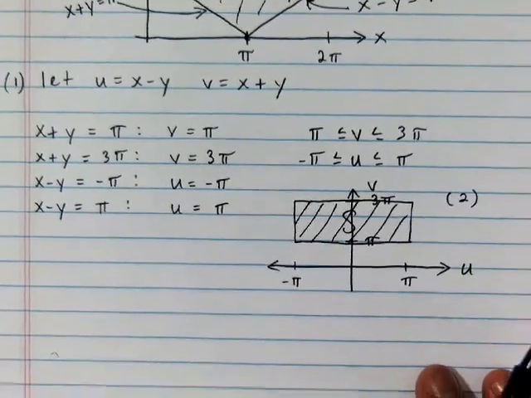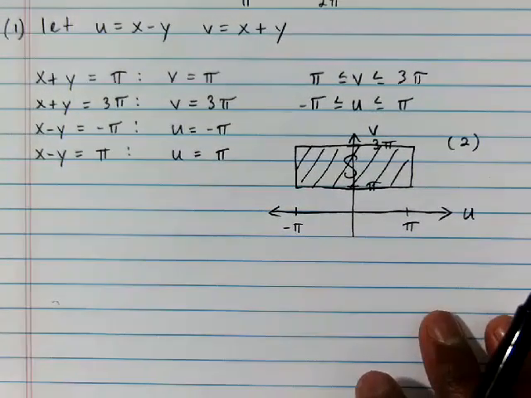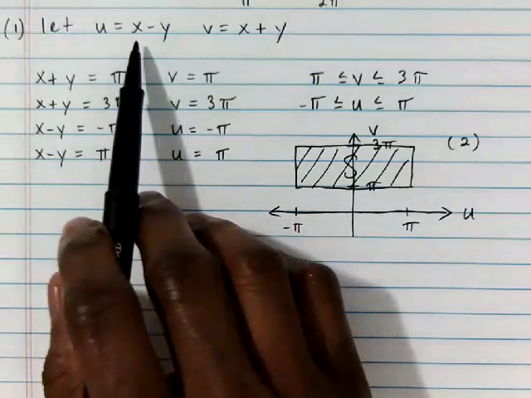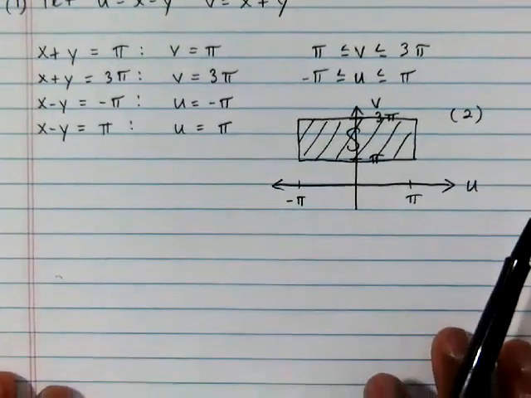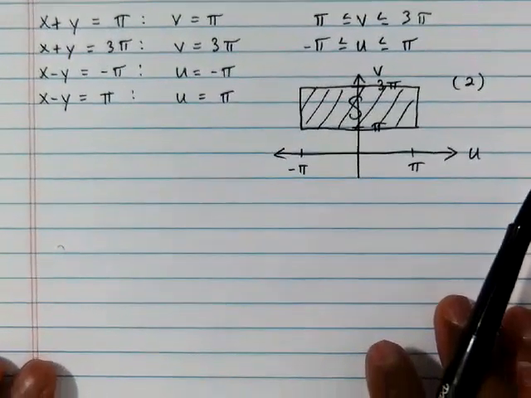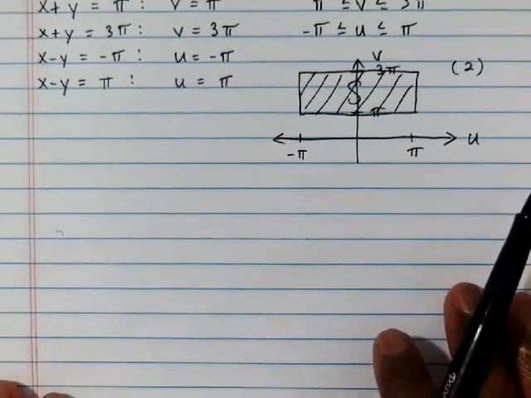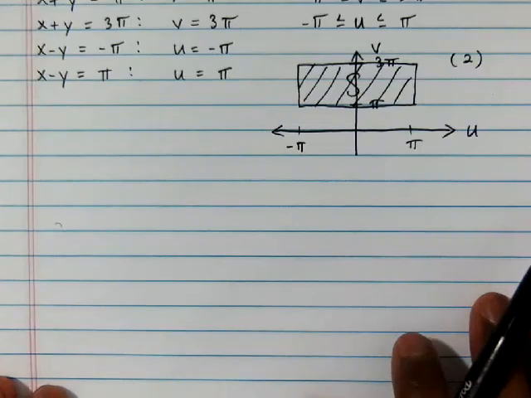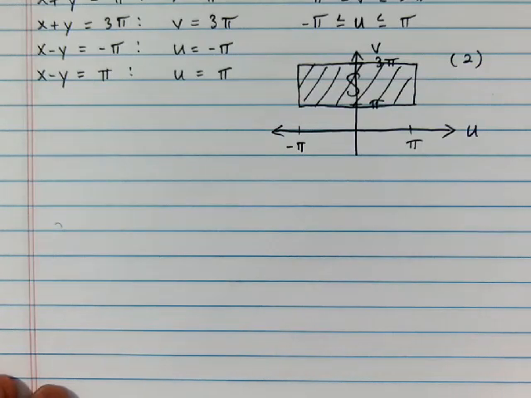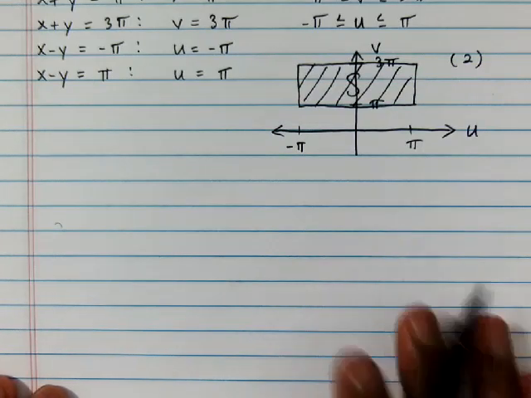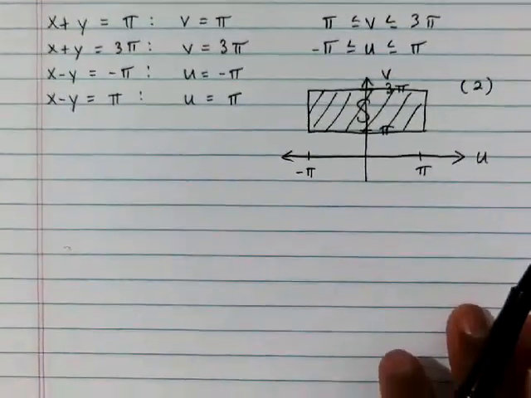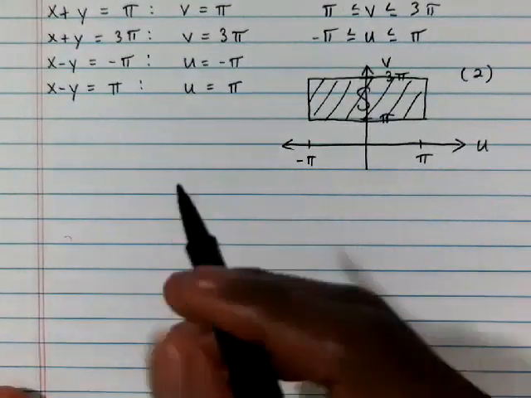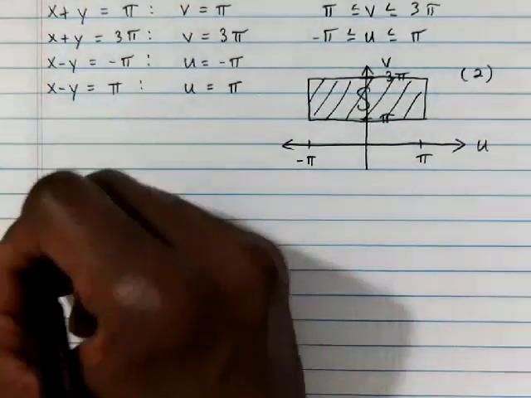I tend to always do it because I like to have what x and y are equal to, as well as what u and v are equal to. But I'm going to show you that we can skip that in this problem. You can't skip that in all problems, so I'll show you in another problem where we can't avoid solving this system for x and y. So we're going to skip 3, but I'll show you why we can.